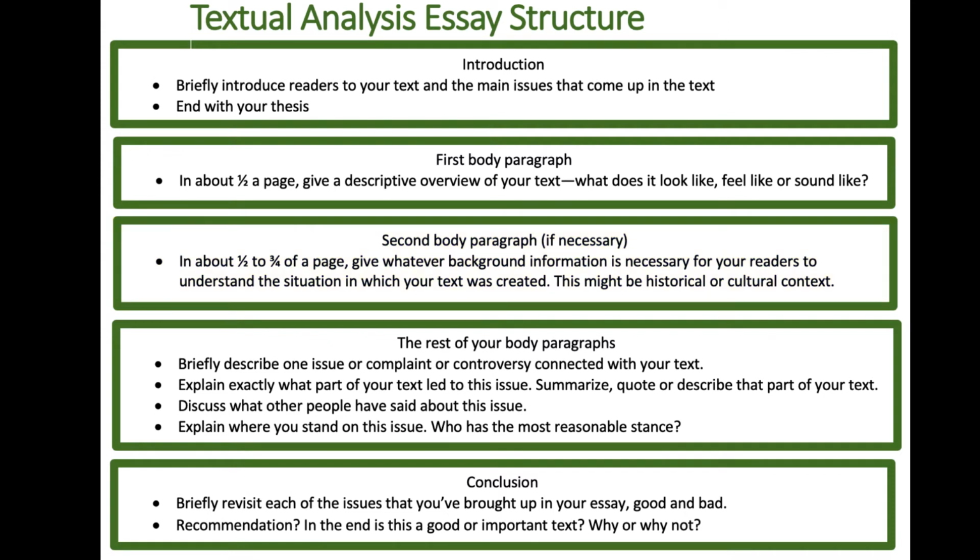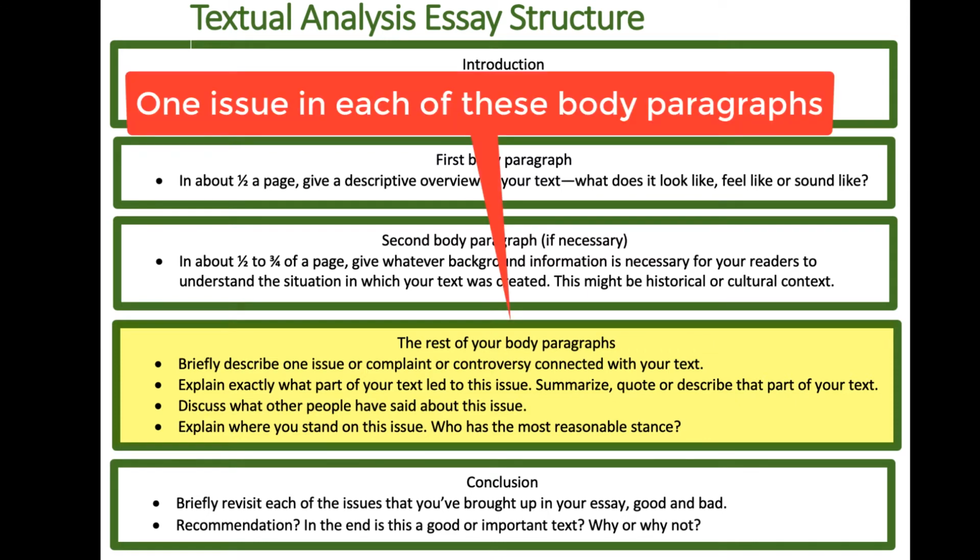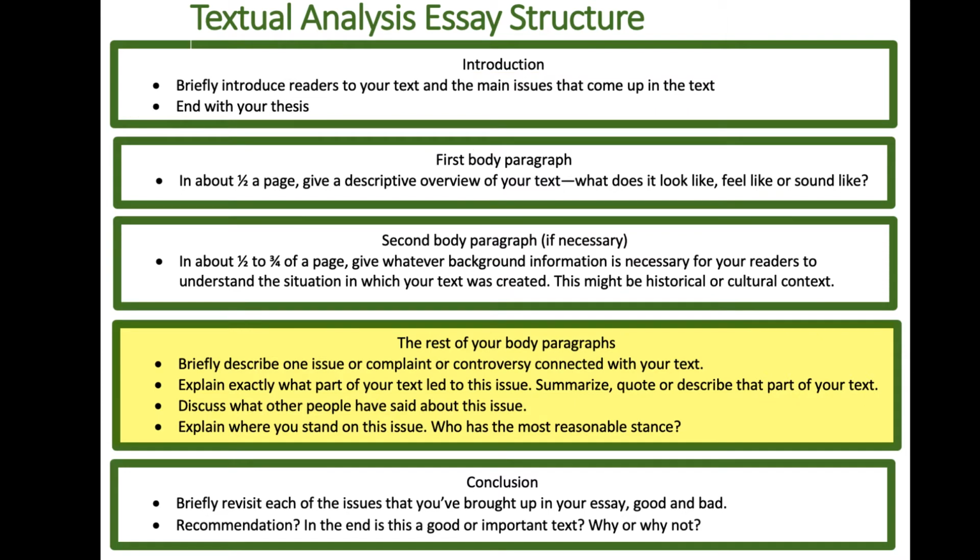Then the rest of your body paragraphs, each one brings up one issue or one complaint or one controversy that is connected with your text. When people talk about your text, what's one thing that they bring up? You do each of those in their own body paragraphs. In that body paragraph, then, you begin describing what that controversy is.